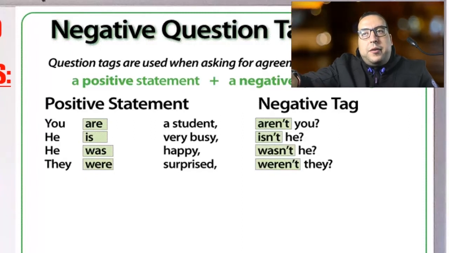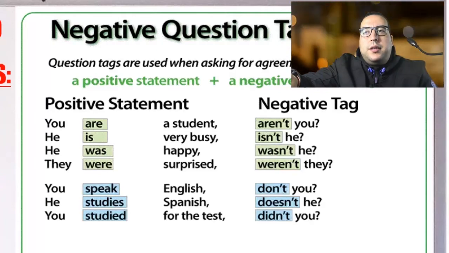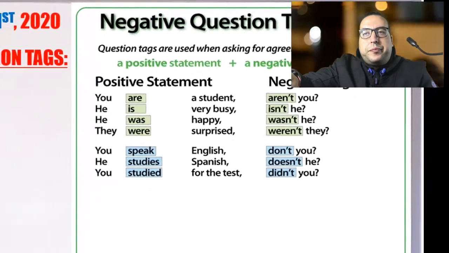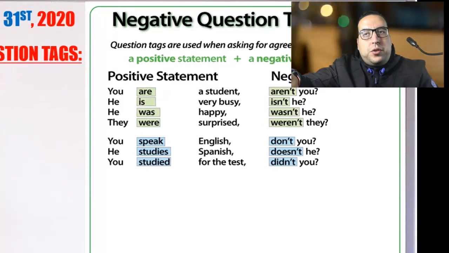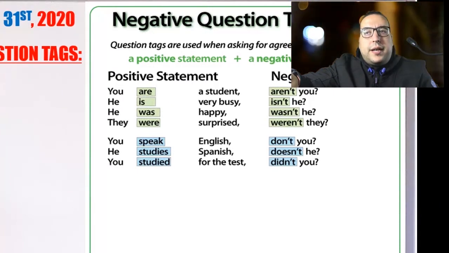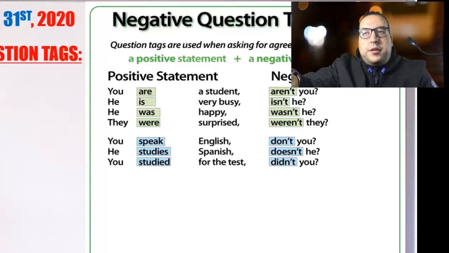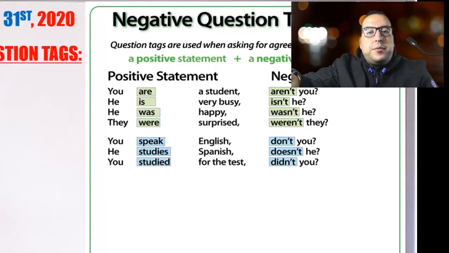Now let's look at this set of examples. You speak English, don't you? He studies Spanish, doesn't he? You studied for the test, didn't you? Here we don't have the verb to be, but we have different verbs.